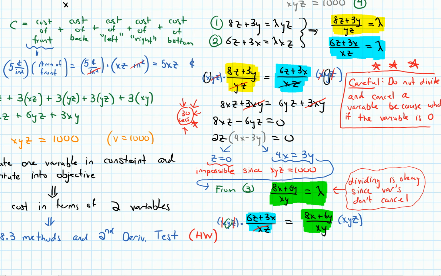And y is going to distribute to the terms on the top to give me 6yz plus 3xy. On the right, the x and the y cancel, but we still have the z. So when z distributes, we'll get z equals 8xz plus 6yz. And that's nice because the 6yz cancels.